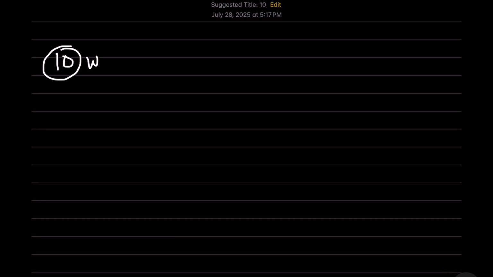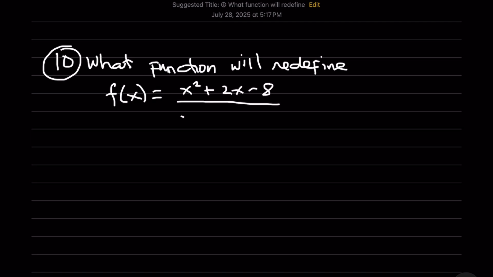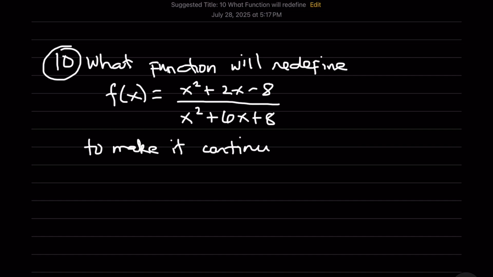Next item, number 10. What function will redefine f of x equal to x squared plus 2x minus 8 divided by x squared plus 6x plus 8 to make it continuous?